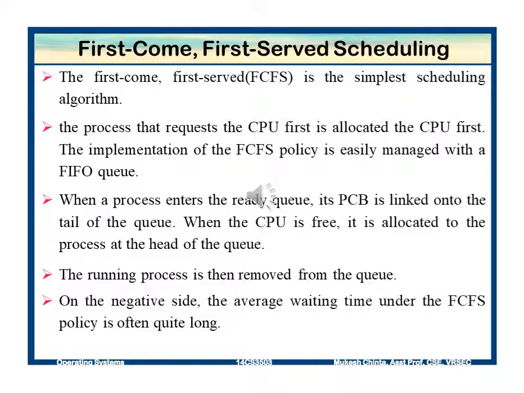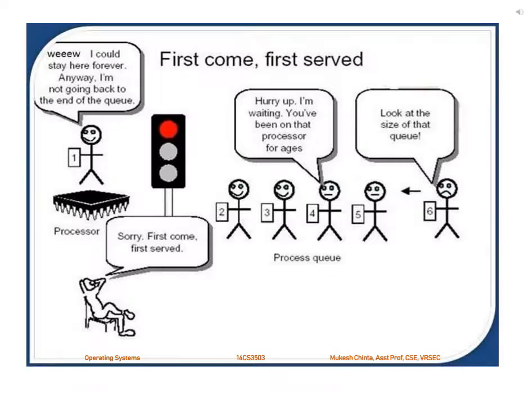When the CPU is free, it is allocated to the process at the head of the queue. The running process is then removed from the queue. The figure shows a number of processes waiting in a process queue, and whichever comes first in the queue is executed first. So jobs are executed on a first come first serve basis, and it is non-preemptive.